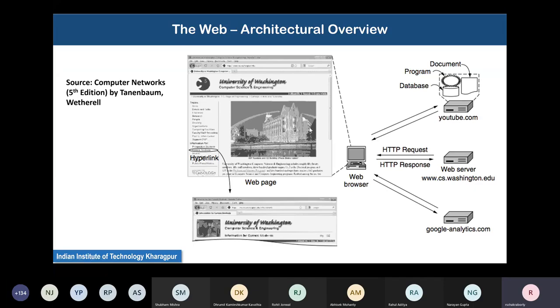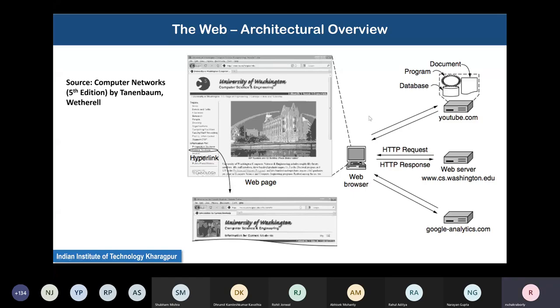You make a request. This youtube.com server has documents, other programs, a database, everything inside it, and it can give you this information.